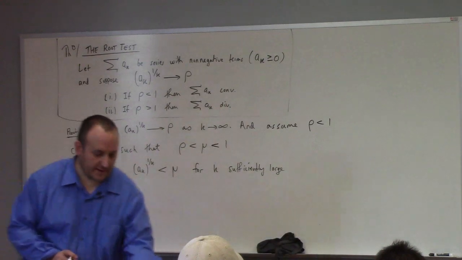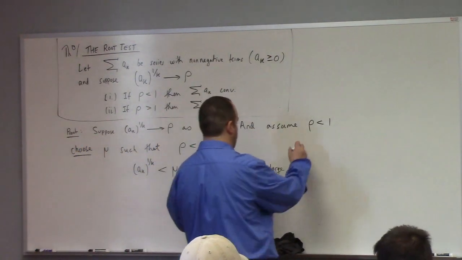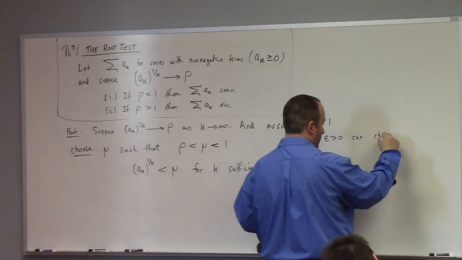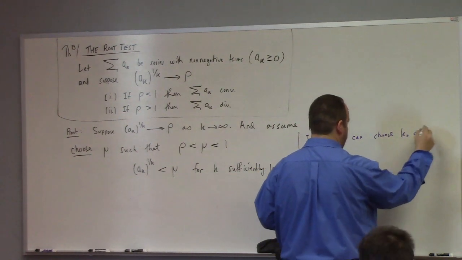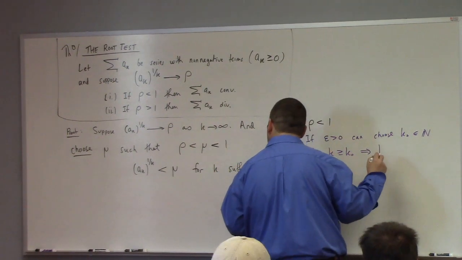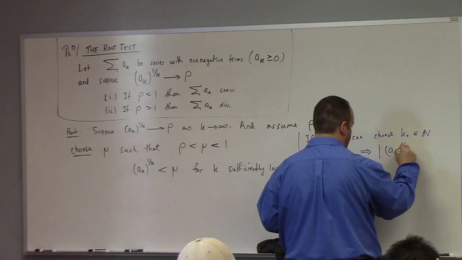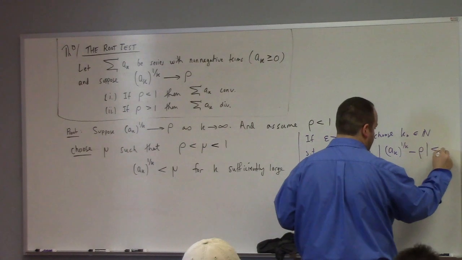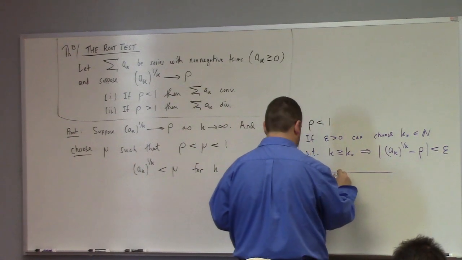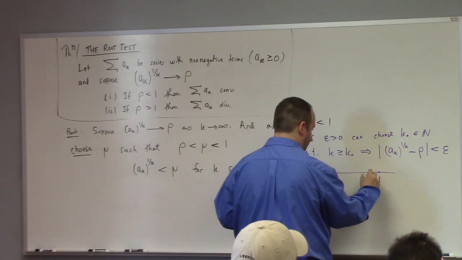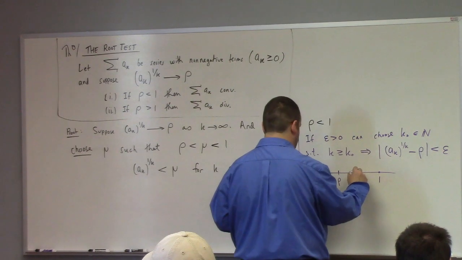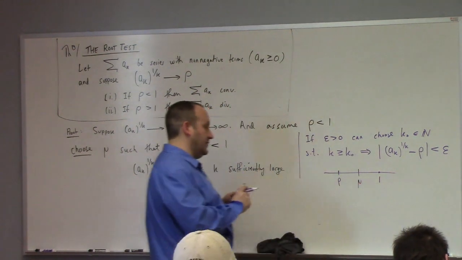Let me just write off to the side what we have control over. We know that if epsilon is greater than 0, we can choose k naught in the natural numbers such that whenever k is greater than or equal to k naught, that implies that the absolute value of a sub k to the 1 over k minus rho is less than epsilon. If I draw a picture here, the number line, here's 1. Over here is rho. Here is mu, somewhere between rho and 1.